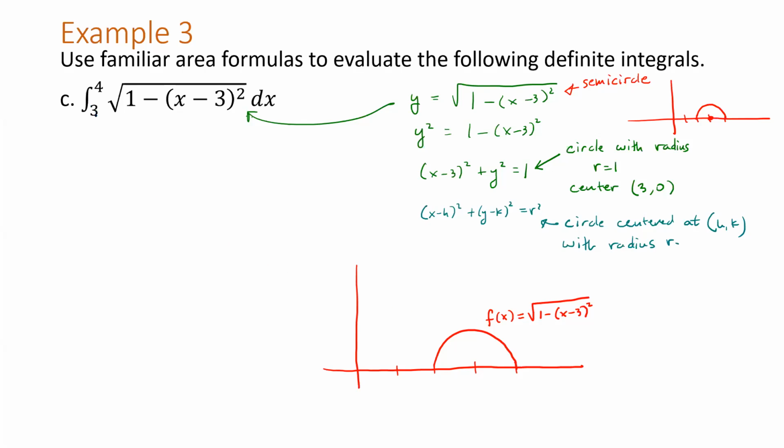Notice that here the limits of integration go from 3 to 4. So basically we're finding just this portion of the circle. We're not finding the area under the whole circle, or even the whole semicircle, but just this right portion between 3 and 4.